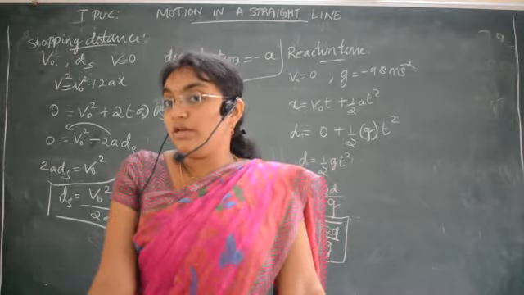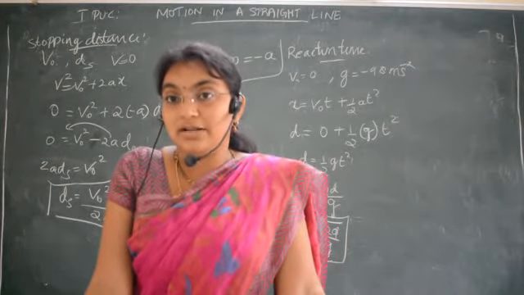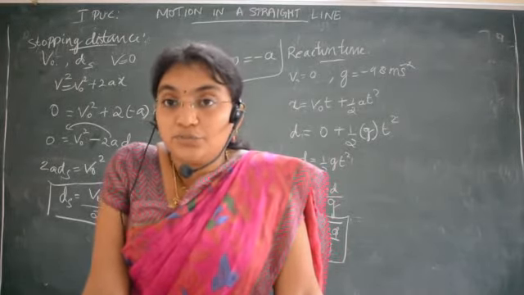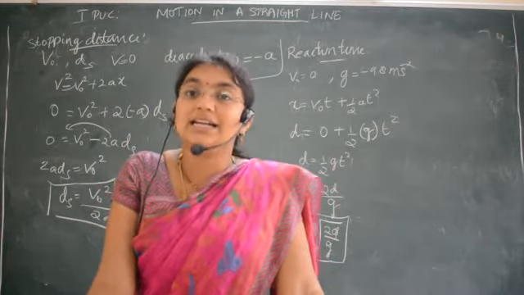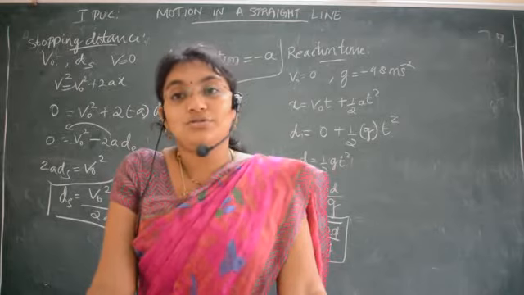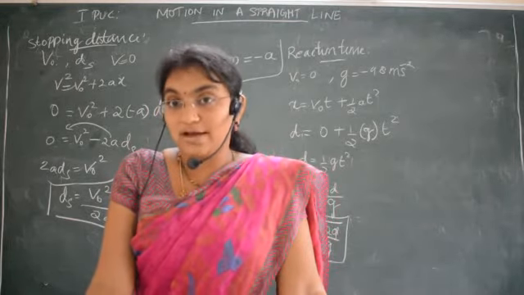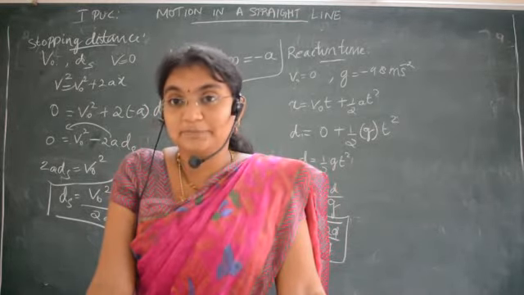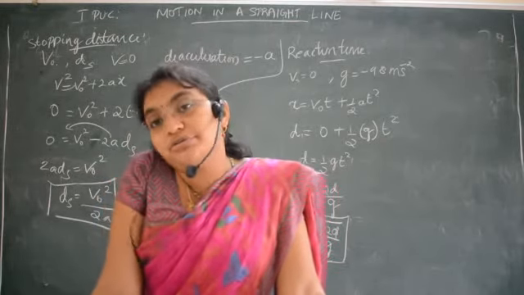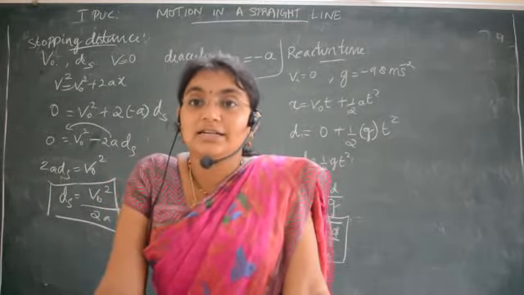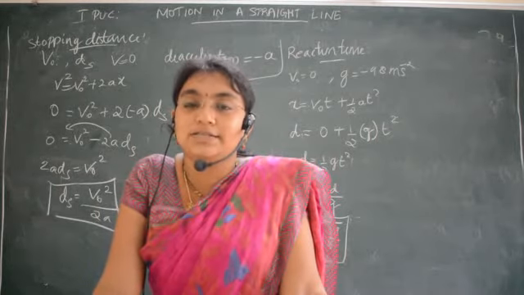So for me, you are moving with some velocity. But for you, you are sitting simply inside the car and I will be moving. So therefore I can say I am moving with some speed. So according to me, your speed, and according to you, my speed. Correct? That is nothing but relative velocity.